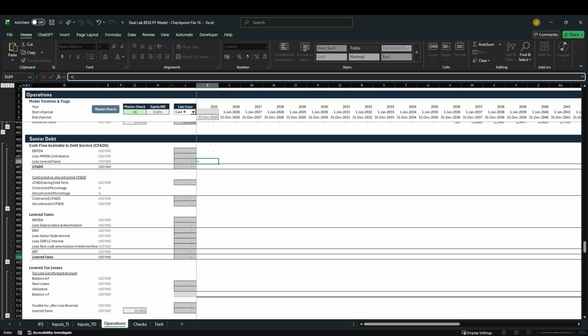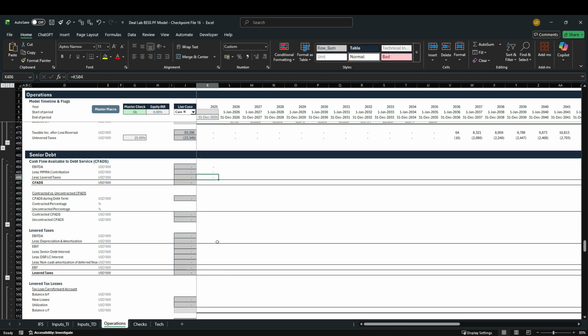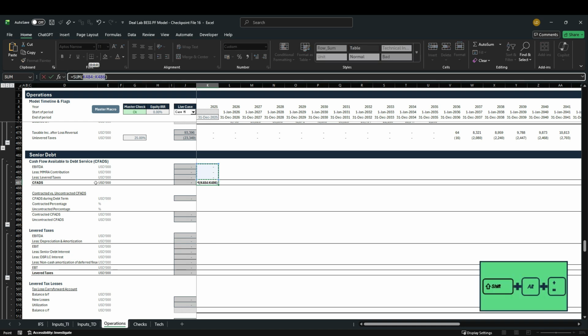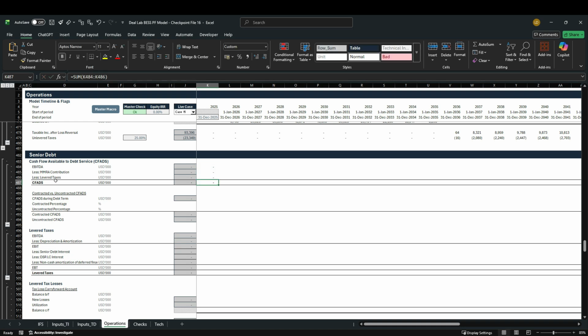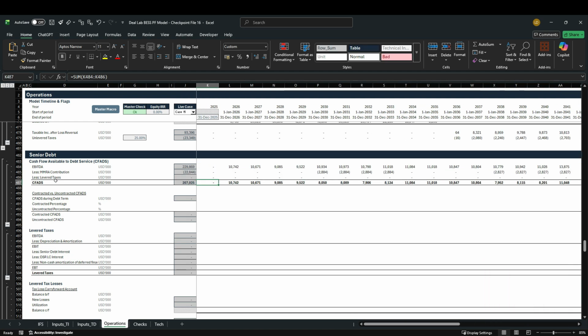And this row here we will model negative, which is why we just do a simple linkage for now. So that equals K504, hit enter, and CFADS equals simply the sum of these 3 items above. So our EBITDA minus MMRA contributions minus levered taxes. Hit enter, drag all of this over, Control R.